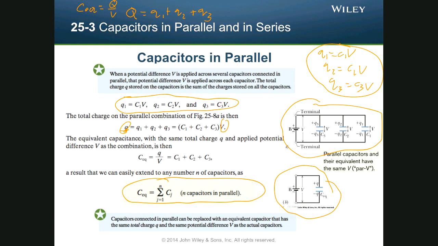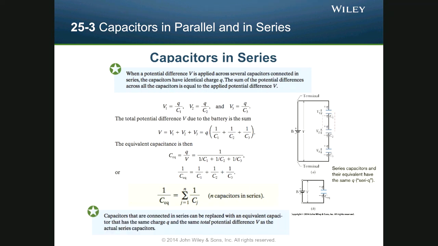Okay, gotcha. All right, so now we have to figure out what series means. The easiest way to define series is to, again, use the idea of current. If something is connected in series, the current from one end to the next just all goes through.